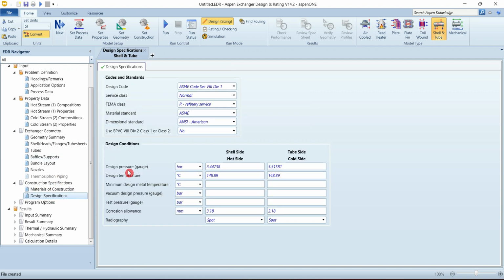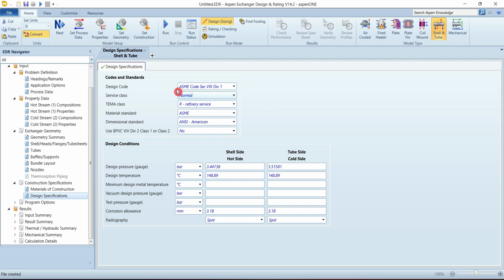And some design codes, these are pretty important in this case. By default, we are working with the two standards. One is the TEMA standard, the other one is the ASME standard. So all the shell and tube geometrical informations or related information is taken from the TEMA specifications or TEMA standards, and all the informations related to the pressures, they are taken from the ASME code section 8 in the division 1 or 2.